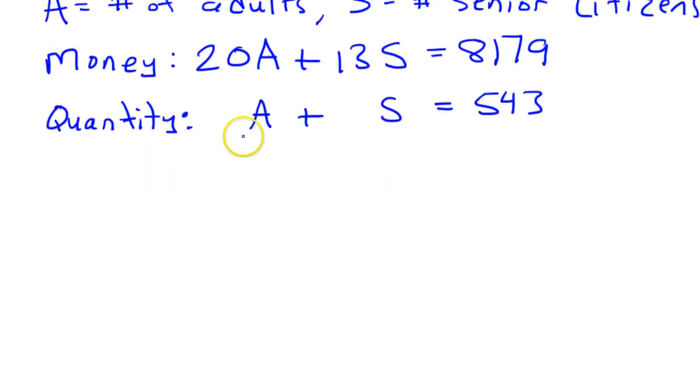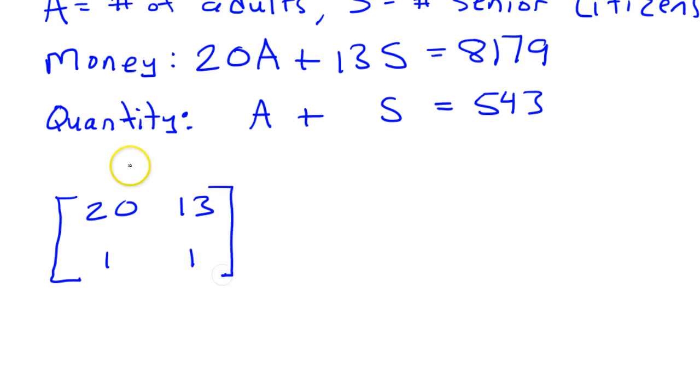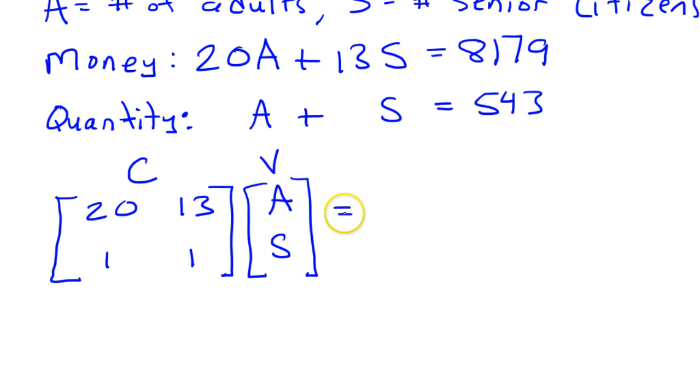We're going to solve these with matrices though, so let's set up our coefficient matrix. Looking at the left side of the equation, I see 20, 13, and the coefficients of A and S are 1 and 1. So this is my coefficient matrix. I'll call that C. Now the variable matrix, I'm just going to put A and S because those are the two variables that we're using.